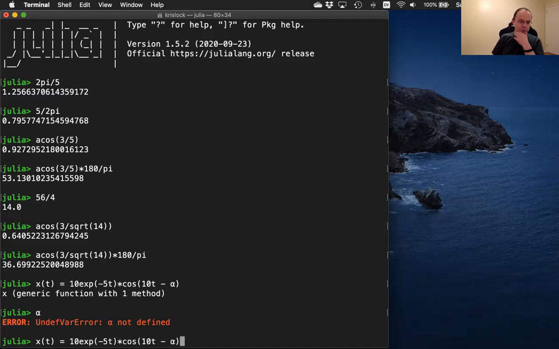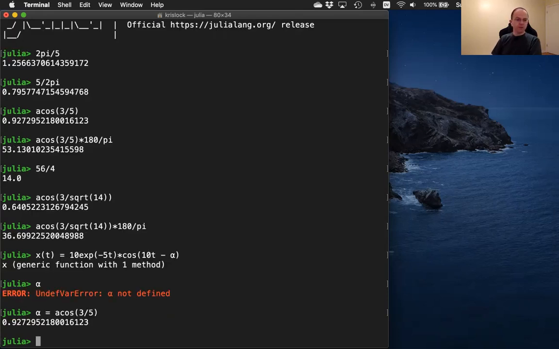So that alpha was what? Let's see, that was the arc cos of 3/5. So yes, alpha equals arc cos of 3 divided by 5.